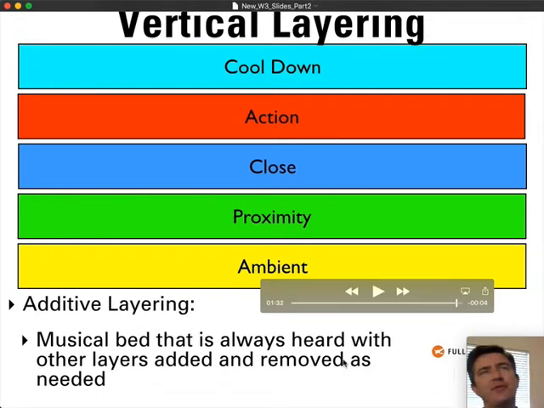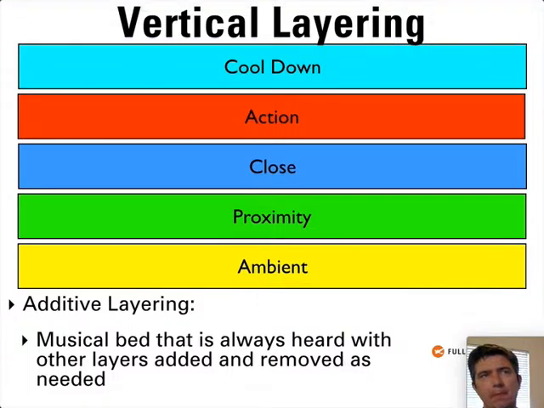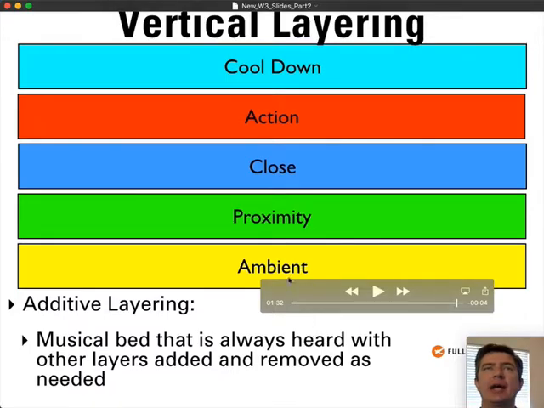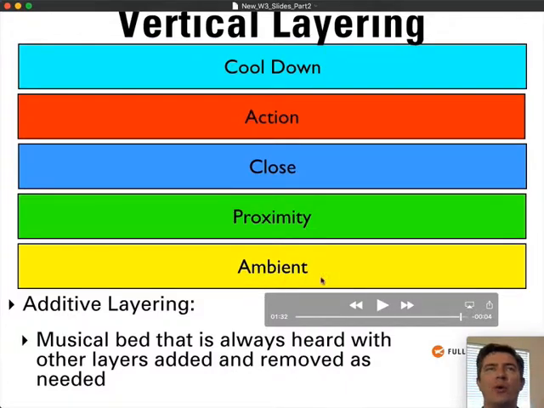Different approaches for vertical layering, whether there's additive and interchange, different ideas and ways of thinking of this approach. Additive is building up one layer at a time and then coming back down through those layers, meaning that you always hear one and then you only hear two on top of one.